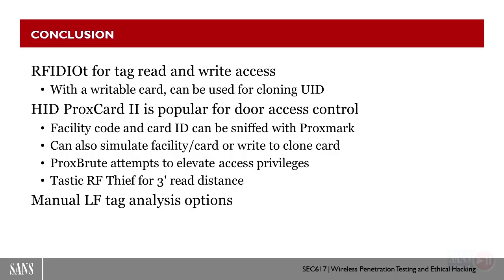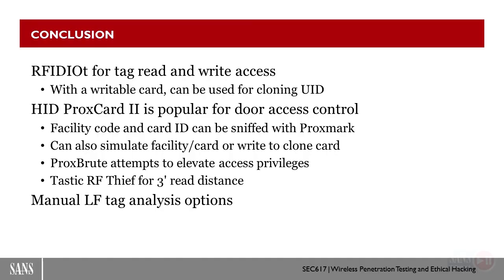We looked at RFID IO tools for read and write access. We can clone tags for LF tags to Q5 tags. We can use the Proxmark 2 and other tools looking at HID-Prox 2, 70 to 80% of the market for access control, and talked about the unique device parts of the identifier in RF, and the unique parts per card printed.